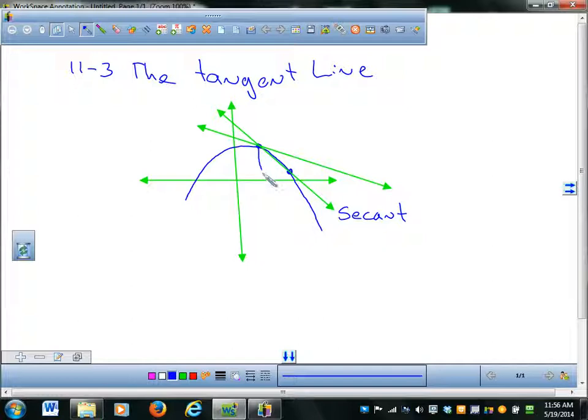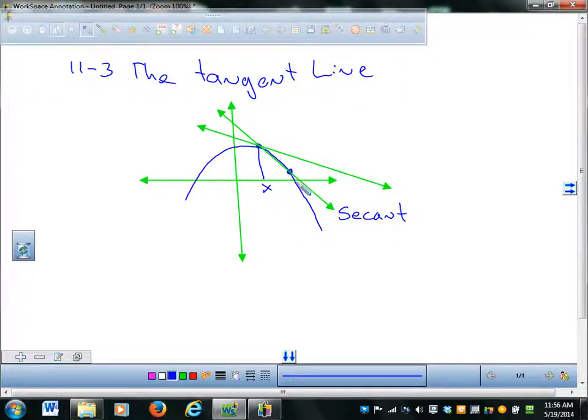If this is the point x, and I move over a distance from here to here of h units, then this point right here would be x comma f of x. You understand that? X comma f of x? X, y. F of x is what I get.